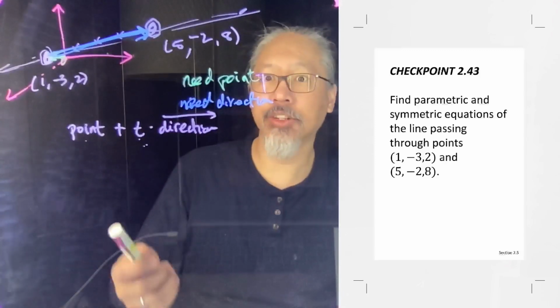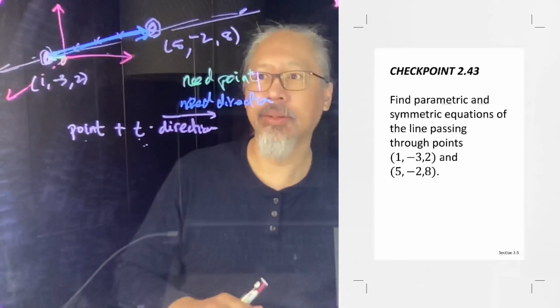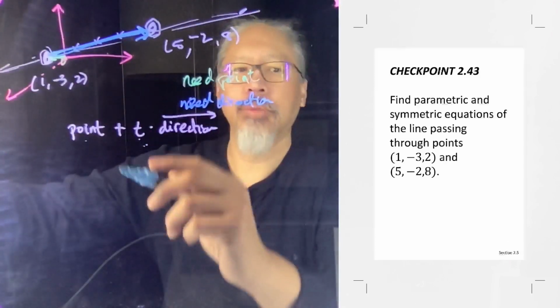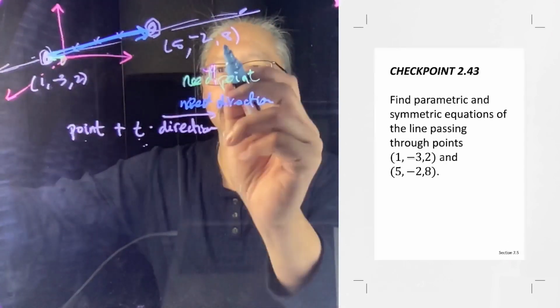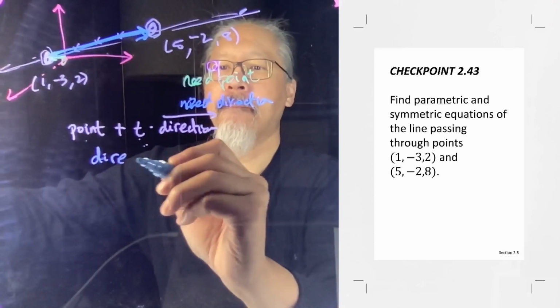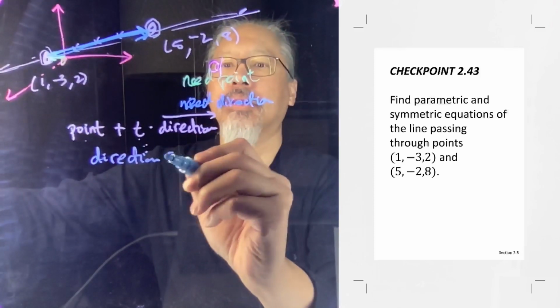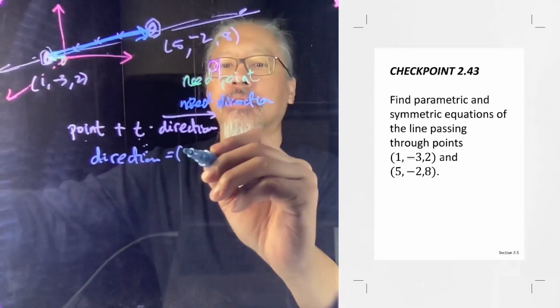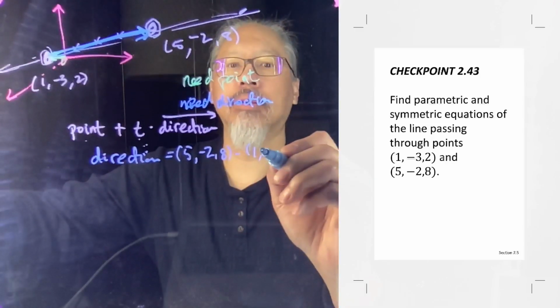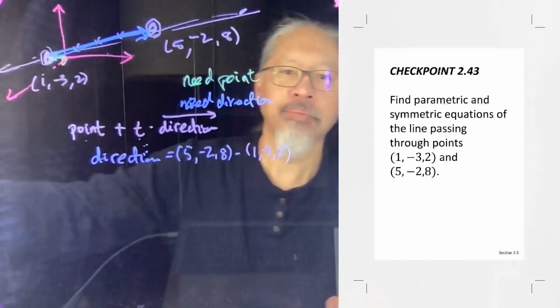Okay, so our first task is to get our direction. Our direction would be essentially the difference between those. So let's do the subtraction. Direction is equal to (5, -2, 8) minus (1, -3, 2).